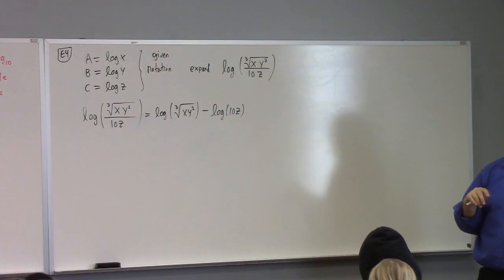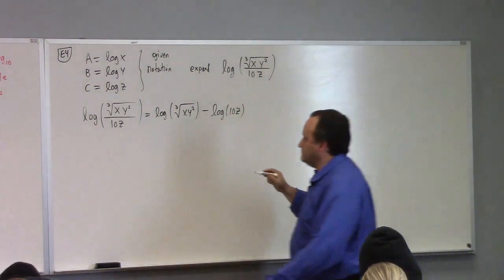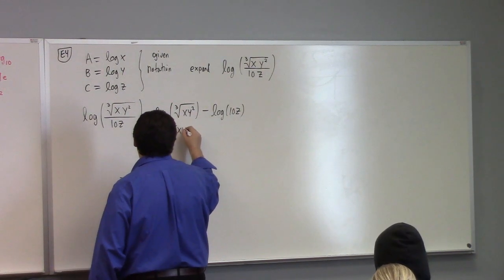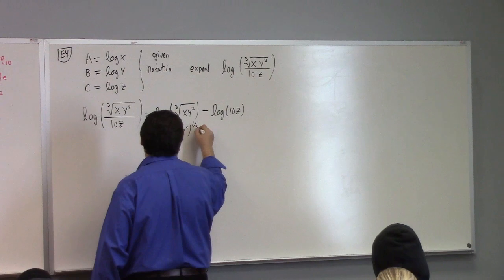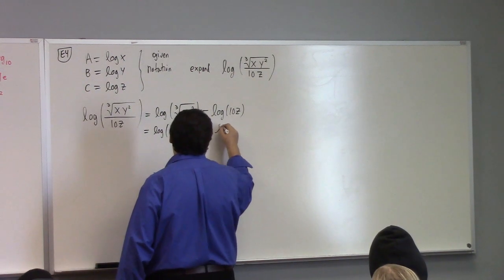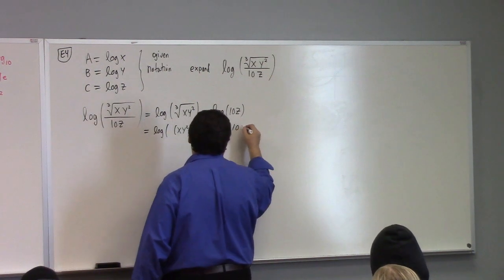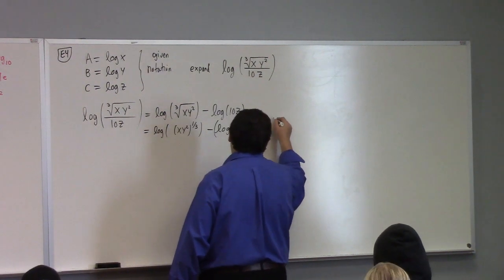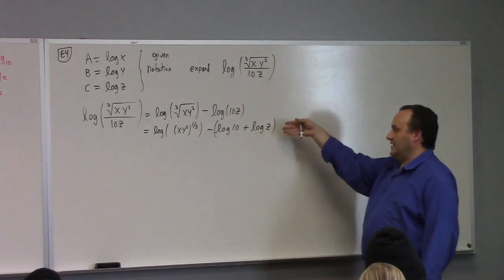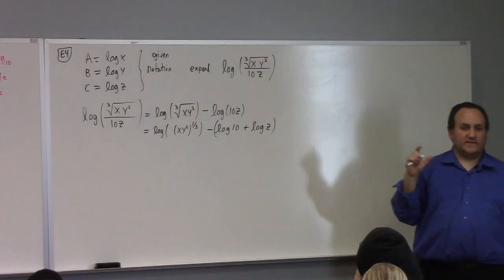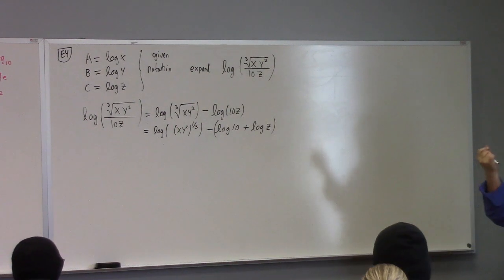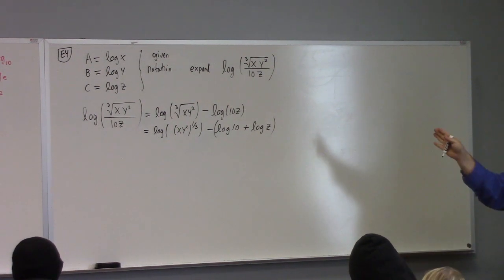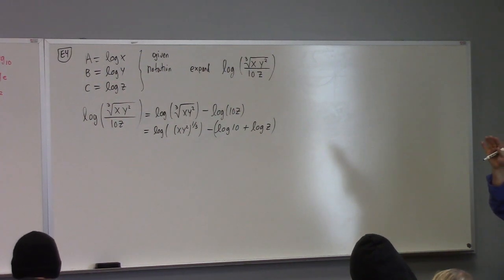Then what can I do? What is cube root? That is xy squared to the 1/3 power, right? And there I've got minus log of 10, I'll put some parentheses here, plus the log of z. So I went ahead and used the log of a product as the sum of the logs to split up my 10 and my z, all right? And I'm just reminding you that cube root is 1/3 power.